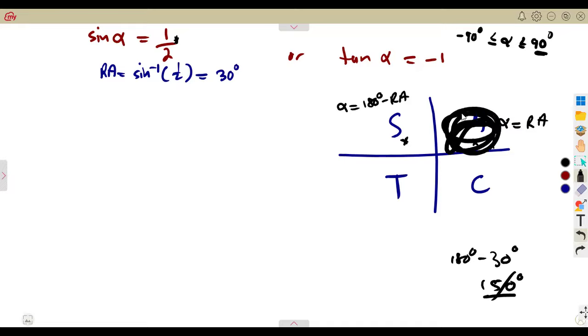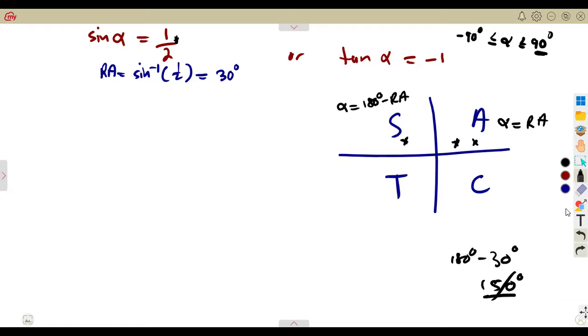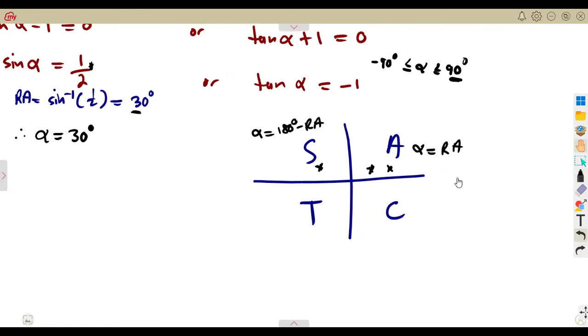So we're not going to consider this quadrant because it's more than 90 degrees. So for the first one, alpha will be equal to 30 degrees, according to the quadrant that we are dealing with. Okay, let's check for tan.